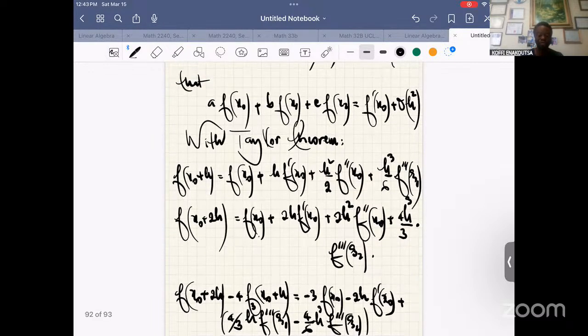So with that said, you can pass the f at x0 on the other side of the equation. So let me see, that would be f at x0 plus 2h minus 4 times f at x0 plus h. Then we pass negative 3f at x0 on the other side here.